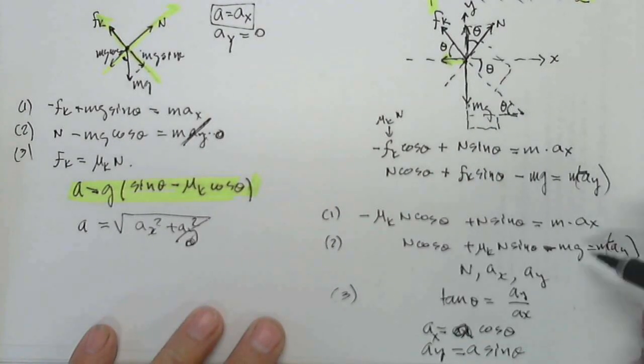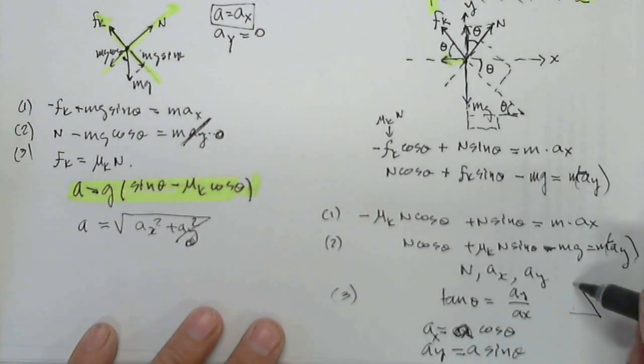Again, because this is my angle, this is a, this is ay, and this is ax.